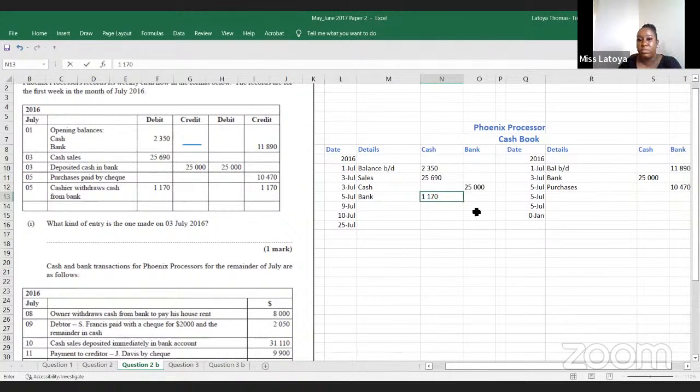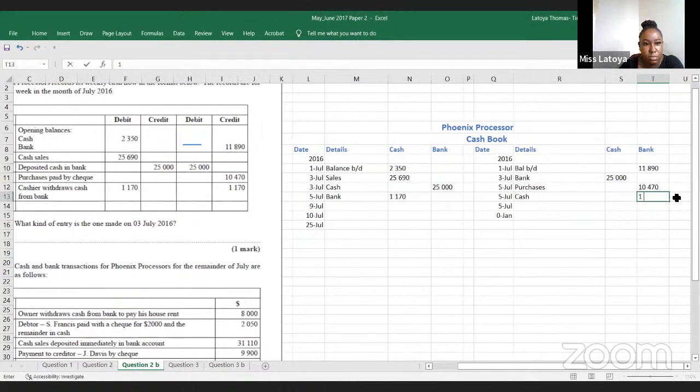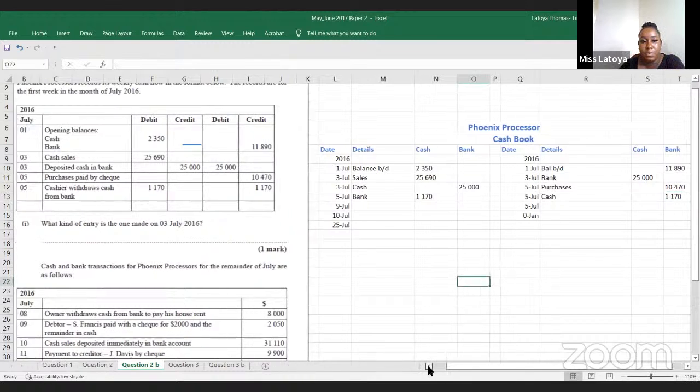And we have on this side as well, cashier withdraws cash from bank. Cash is going to be the same amount, 1,170.